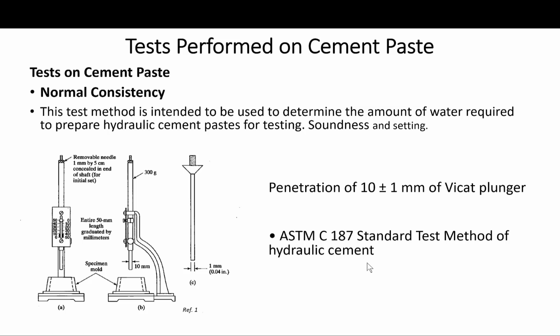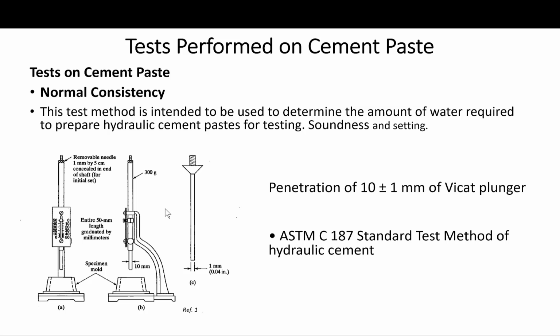The test is based on the depth of penetration of a 10 millimeter diameter needle, as you can see here, under a load of 300 gram into fresh cement paste, using the Vicat apparatus shown here.